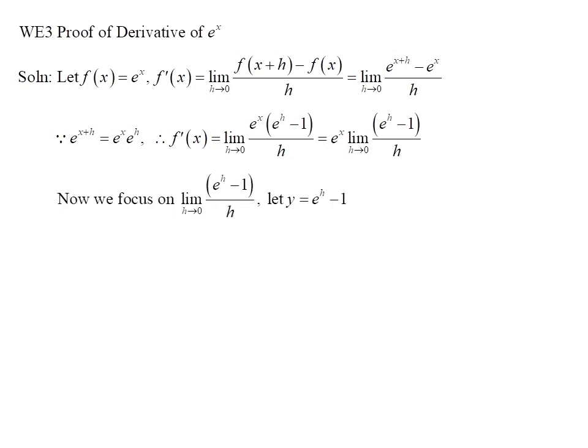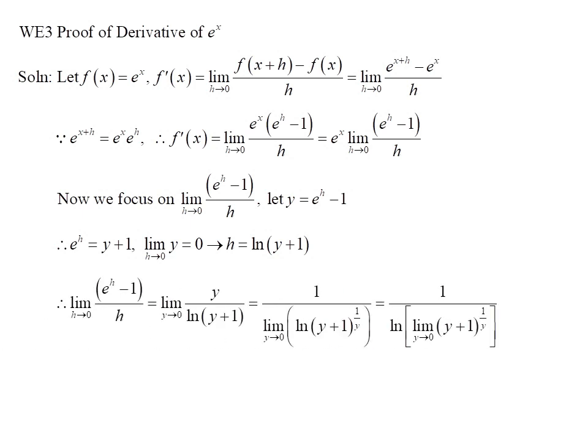Now let's focus on the value of the limit e to the h minus 1 all over h as h approaches 0. We here assume another variable y equals e to the h minus 1. Hence, h can be written to the natural logarithm of y plus 1. Now, after a few steps of simplification, the limit expression is transformed to the reciprocal of natural logarithm of the limit of y plus 1, all in parentheses to the 1 over y as y approaches 0.